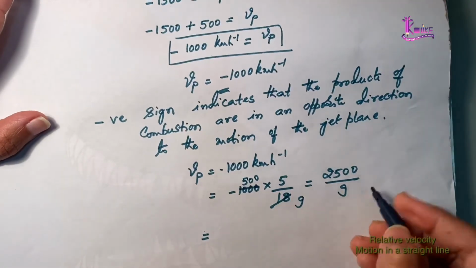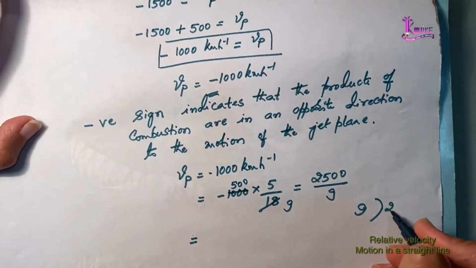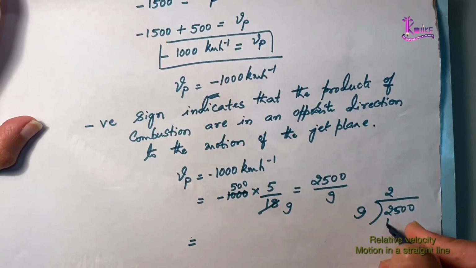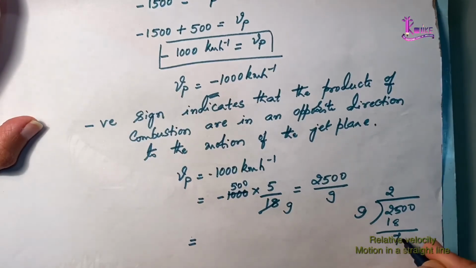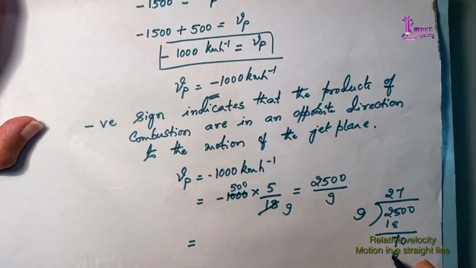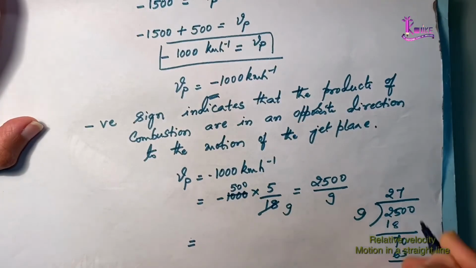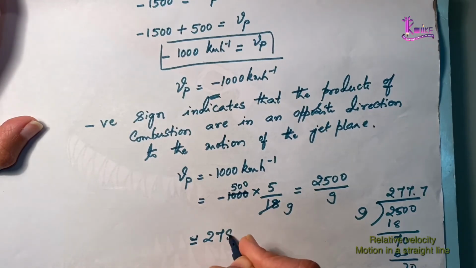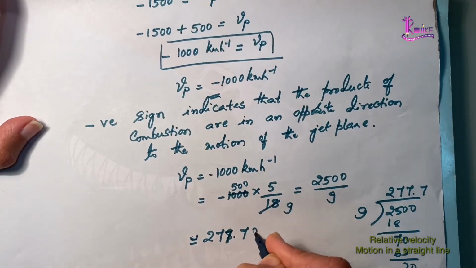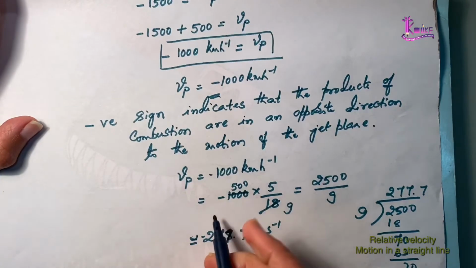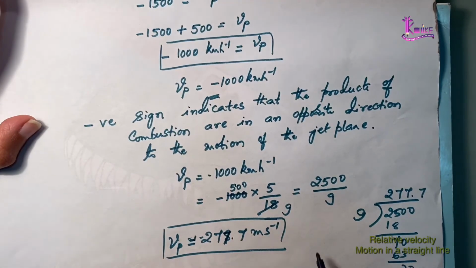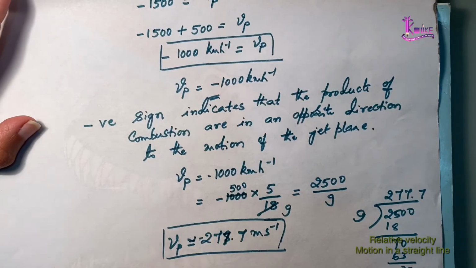If you simplify this, you get 277.7, approximately 278 meter per second with a minus sign, because that minus sign tells you it is moving in a direction opposite to that of the direction of the jet plane. The magnitude is just 277.7 meter per second.